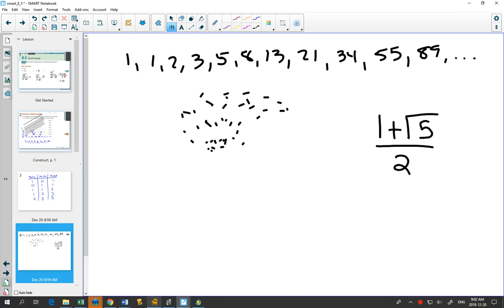If you keep dividing them higher and higher, they start to approach this number, which is known as the golden ratio.